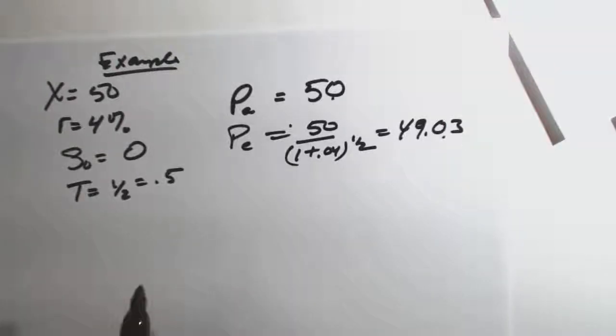Now, the effective expiration: the longer the put life, the more valuable it is. So the longer the time to expiration, the greater the value of the put. It's kind of like a call that we're dealing with, and I'm going to give a summary of that later on in the notes.